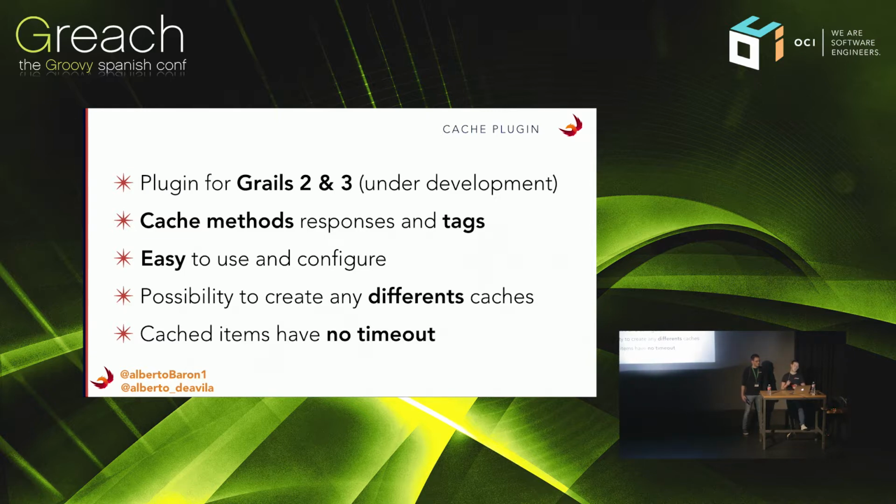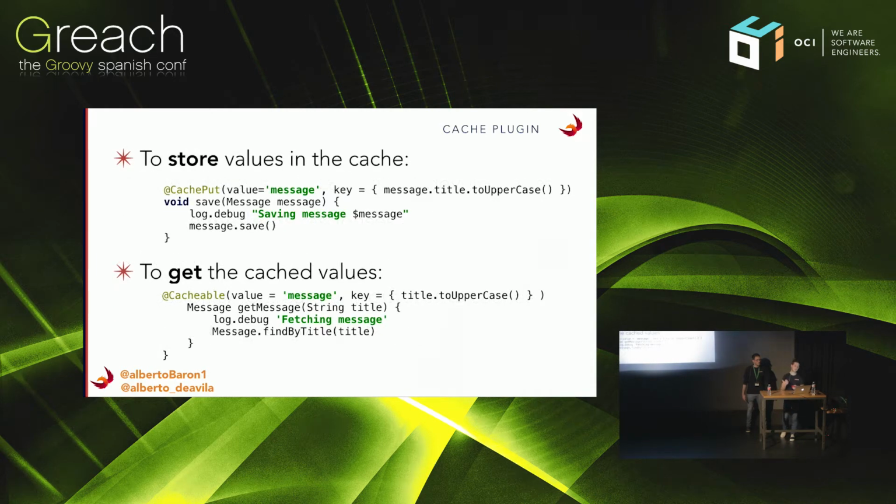So you can easily use it and configure it. And with only configuration you can create different caches. But you have to be careful because the cached items have no timeout. So if you want to delete one, you have to do it manually or using the annotation that I want to show you.